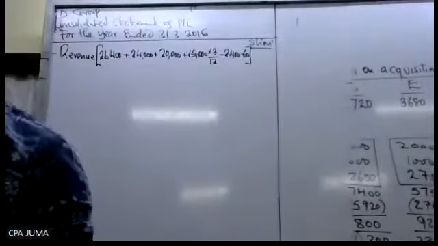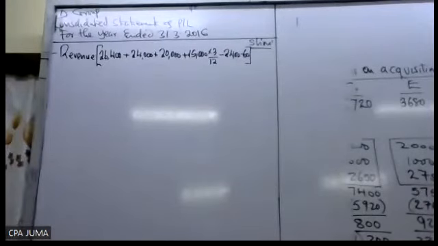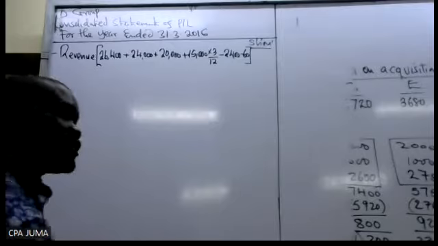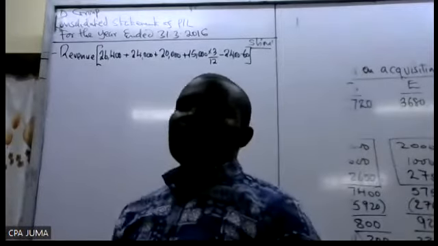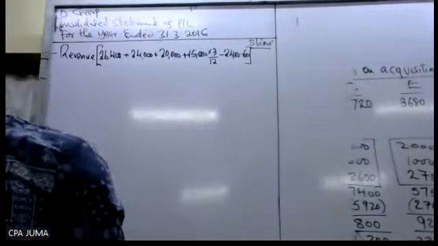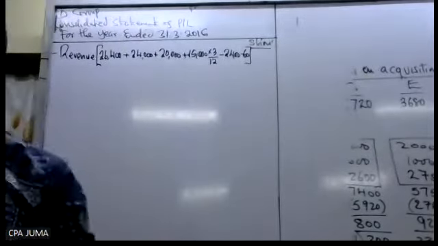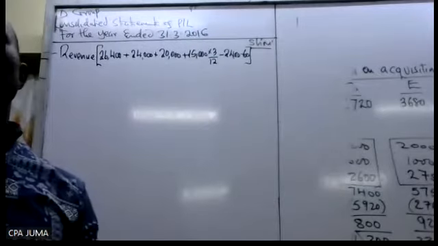The apportionment, yeah. UPI doesn't affect sales, it affects cost of sales. In the sales, you just subtract the intergroup sales in full, profit inclusive.